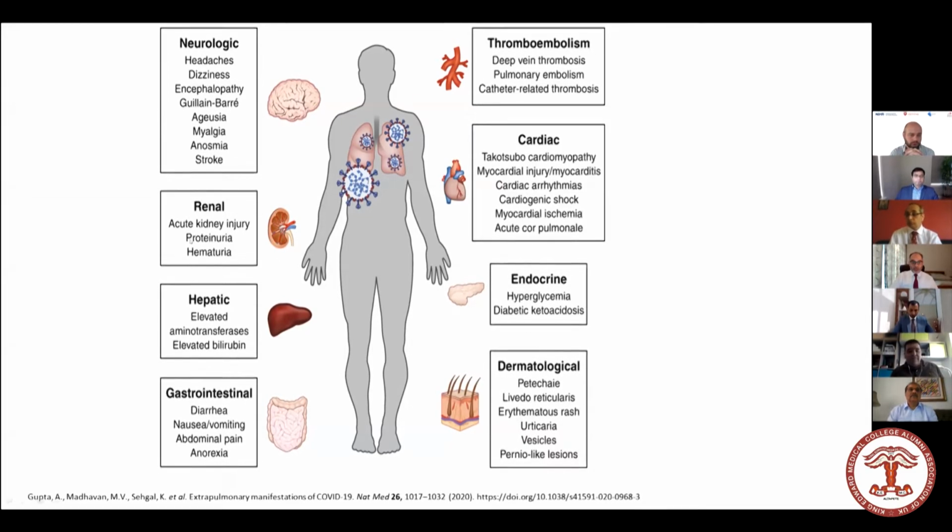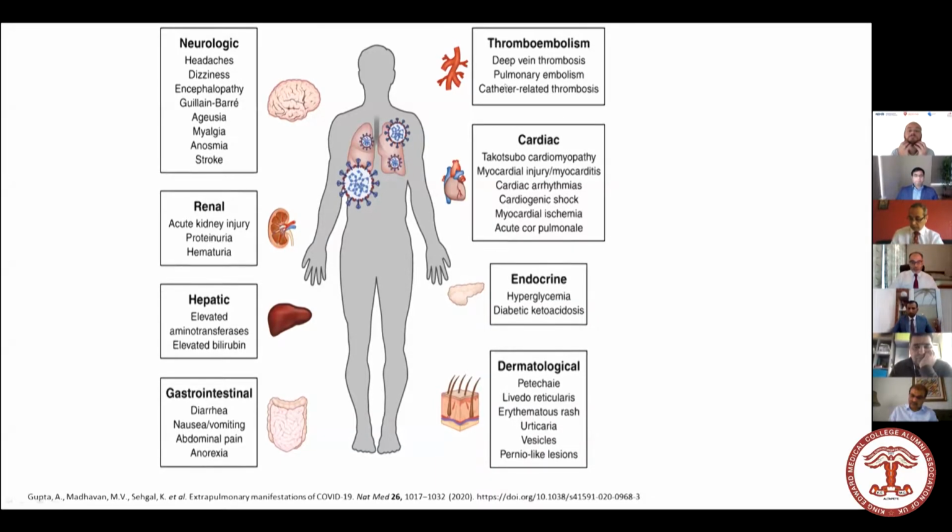You know that the kidneys can be affected as well, and lots of our patients who ended up in ICU needed dialysis and CRRT. Patients will present with raised LFTs and deranged liver enzymes, and with GI symptoms like nausea, vomiting, diarrhea. Now, thromboembolism.